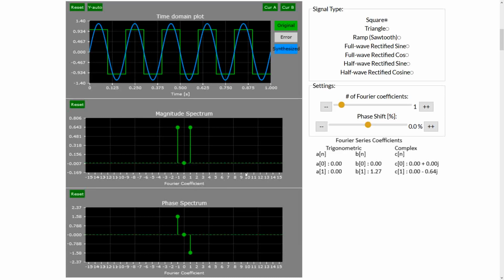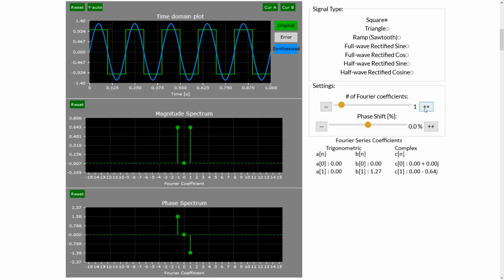That's the magnitude component, the e to the j omega naught t component. Don't worry about the value here, 2 over pi. We'll learn more details about this later. Now here you can see we have a coefficient.